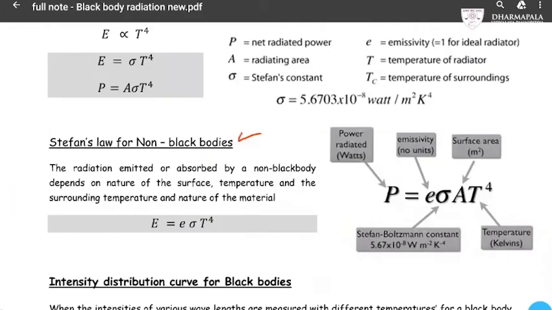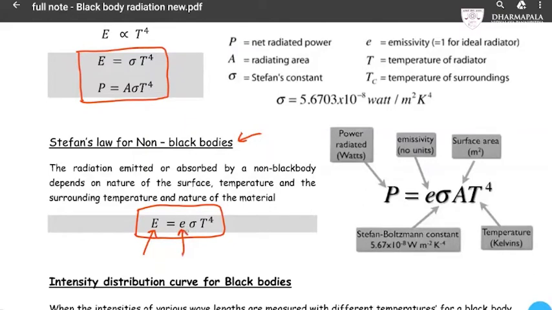This next equation is for non-black bodies. The previous two equations are only for black bodies. So if you want to find the energy emitted by a non-black body, you have to use this equation. Here too, the total radiation energy emitted per unit area per unit time is E, where e is emissivity.